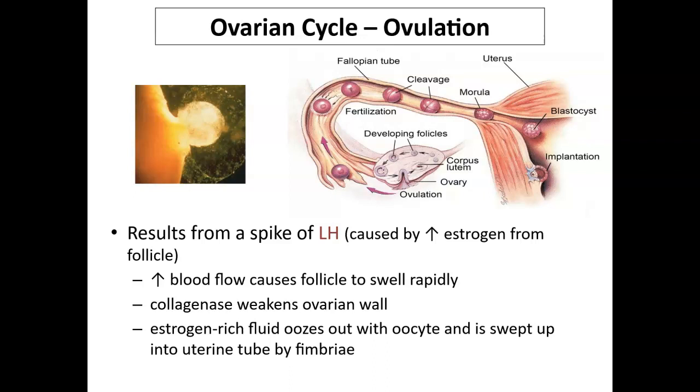The oocyte is released into the abdominal cavity to be swept up by the undulating fimbriae, and then taken up into the infundibulum, passing through the ampulla and the isthmus before entering the space of the uterus. Implantation occurs if the egg has been fertilized, otherwise it is shed with the endometrial lining during menstruation.